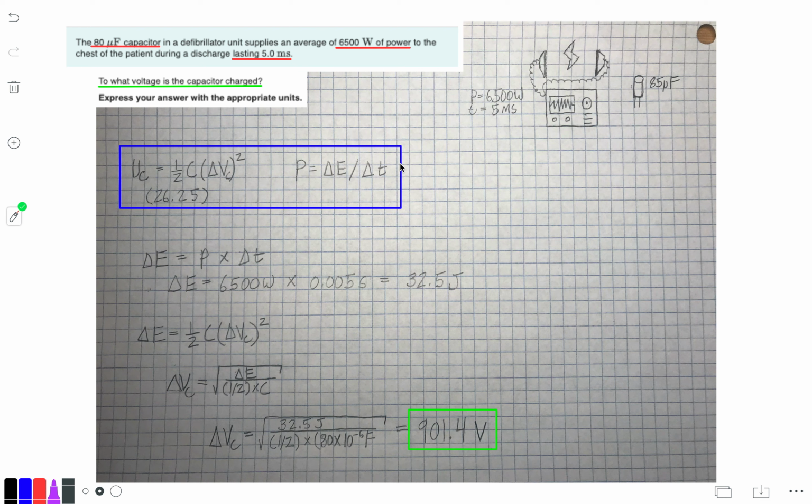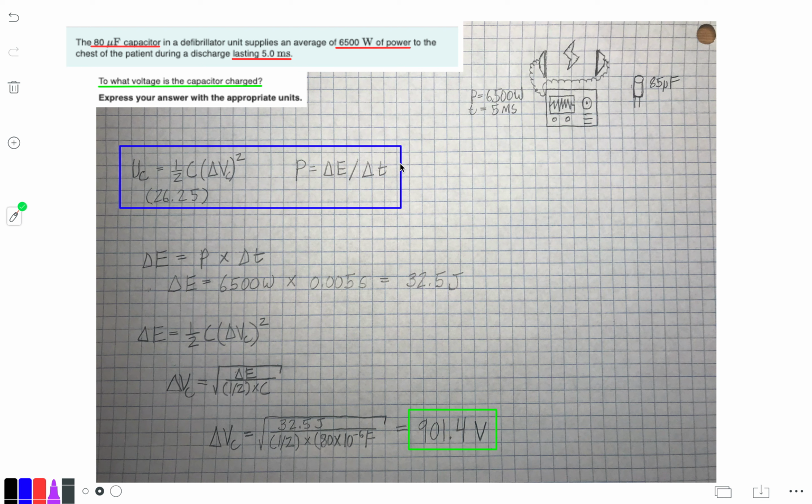It's relatively straightforward. We're pretty much just building on our ideas from chapter 25, in that we talk a lot about how energy, or excuse me, potential energy relates to capacitors and, in our case, power.